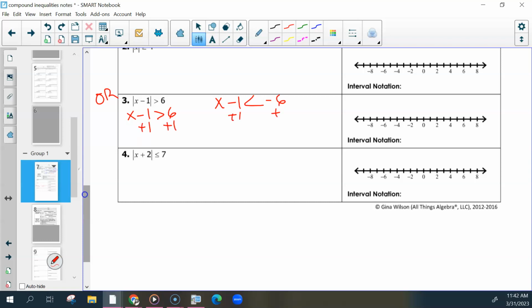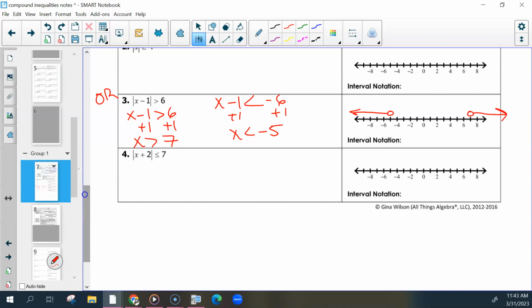Add 1 to both sides. So the order in which you do this part, graph it, rewrite it, write the interval notation, is up to you. But let's say I graph it first, so both are going to be open circles, one at -5 going to the left, one at 7 going to the right.